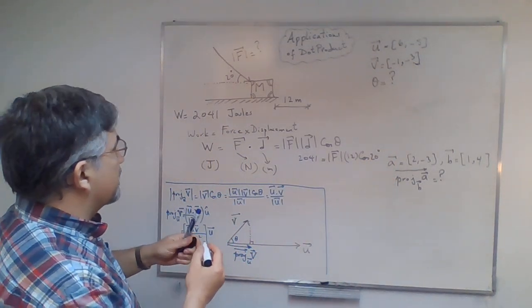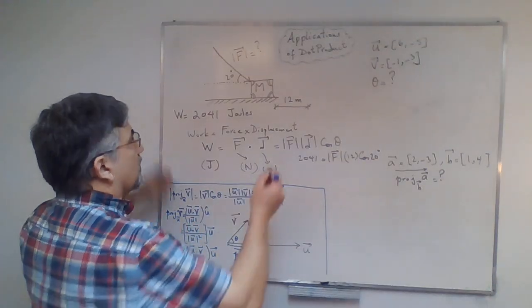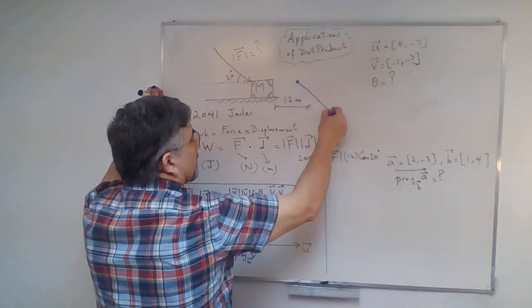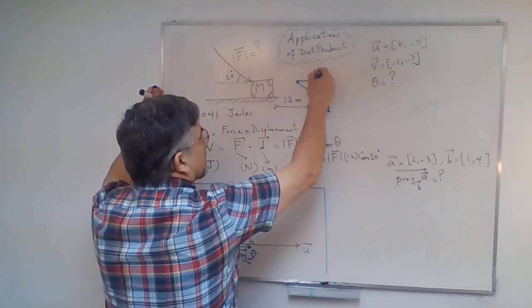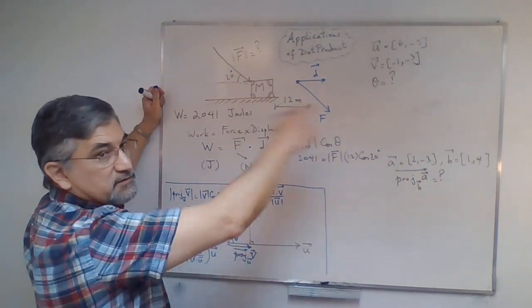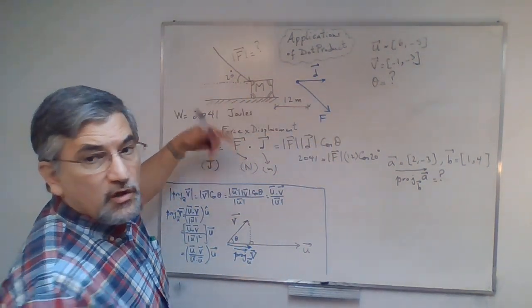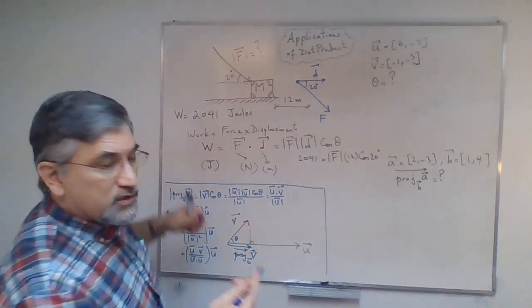If you think about it, we have two vectors here. One is the force vector, and one is the displacement vector, which is like that. Displacement is horizontal. Force makes an angle of 20 degrees with the horizontal, which means that the angle between the two vectors must be 20 degrees.